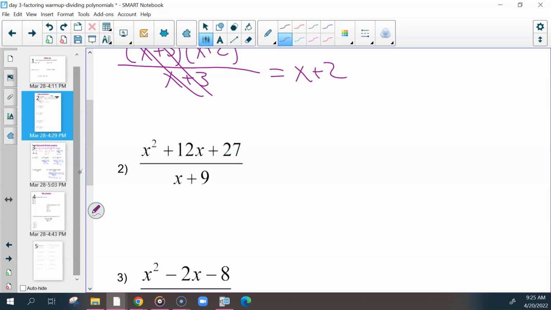Let's do number 2, and then we'll do a couple of minutes. For number 2, we're looking for two numbers that multiply to be 27 and add to be 12. 9 and 3. When you look at your denominator, that kind of tells you what one of the factors is going to be. So that kind of helps you.